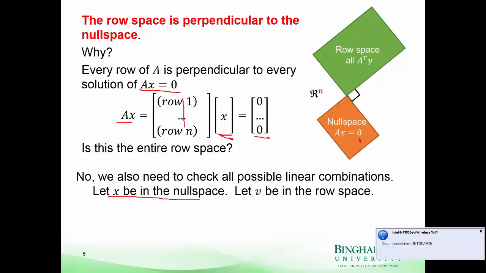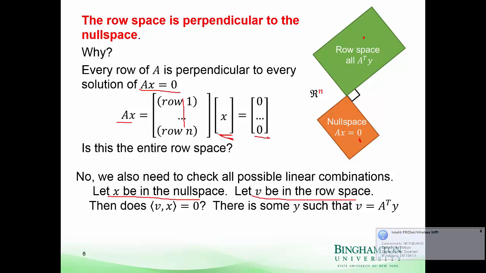Now we let v be in the row space. So v is any vector here in the row space. And let's see if we can show that anything in the null space is orthogonal to anything in the row space. So what we need to answer is, does the inner product between v and x equal 0?